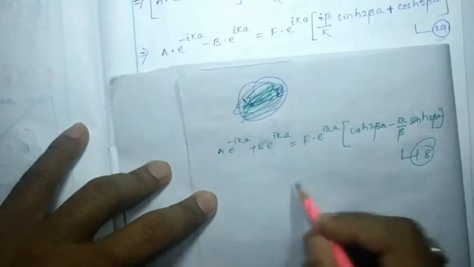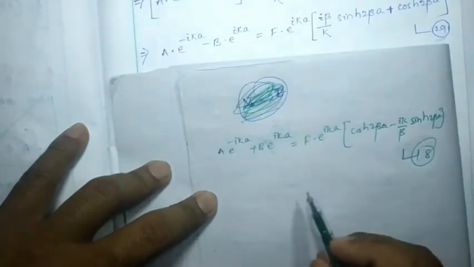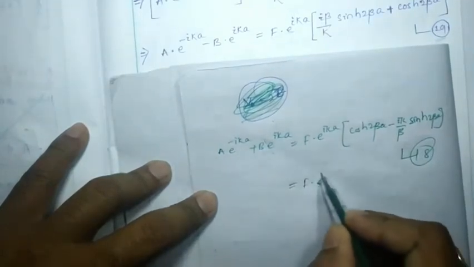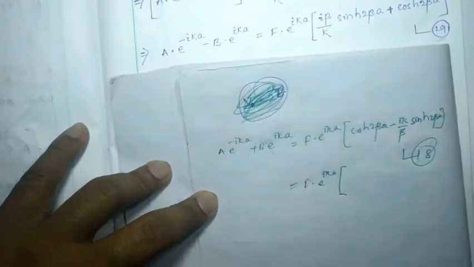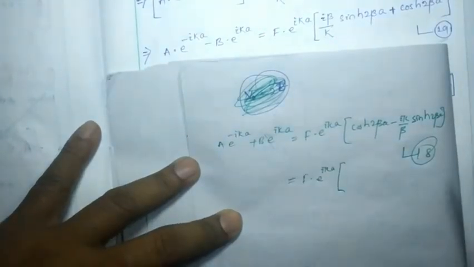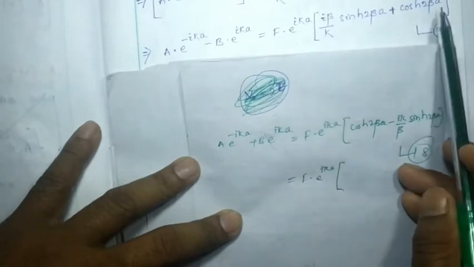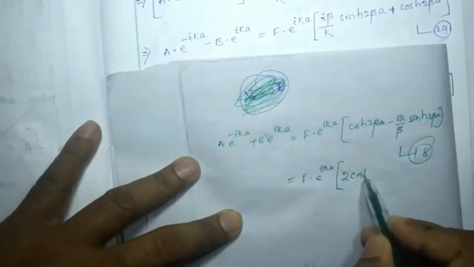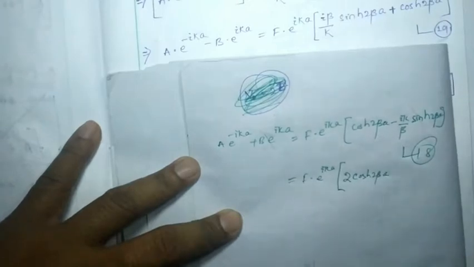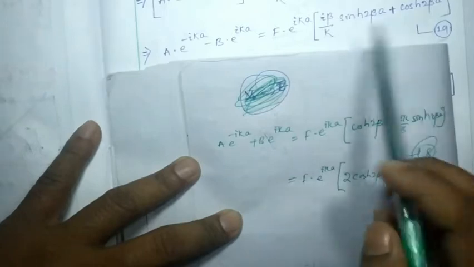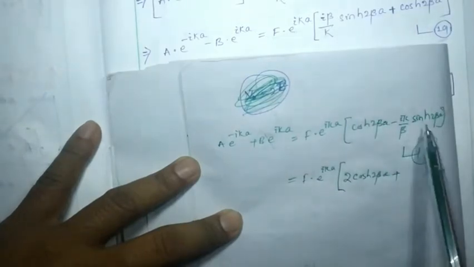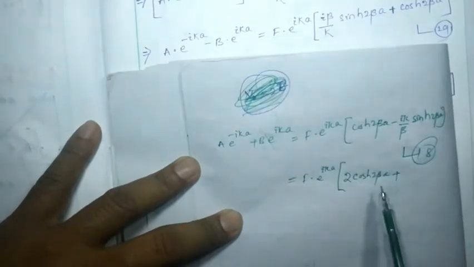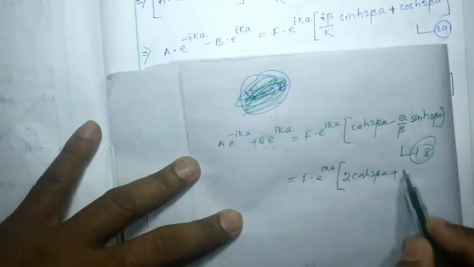When these two terms are added, on the right hand side, see, it will be f e to the power ika into cosh 2 beta a, here cosh 2 beta a, you get 2 cosh 2 beta a. Okay, so plus, here sinh 2 beta a, sinh 2 beta a, both are the same, it can be taken outside.